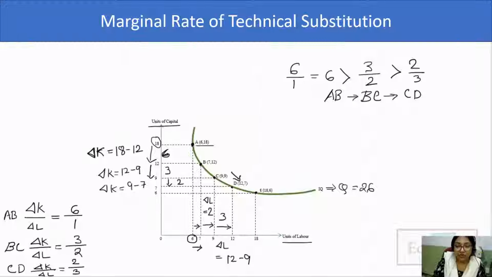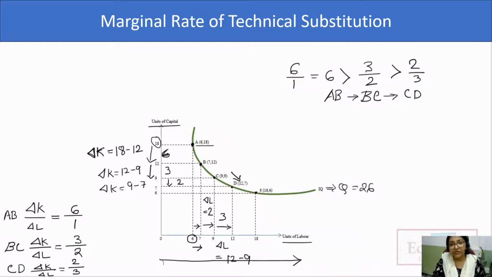That means as we move from the left side to the right side, we are continuously increasing the labor, and the capital with which this labor will work is continuously decreasing. So we have less scope to sacrifice capital. We will be ready to sacrifice less and less capital to employ more and more labor.